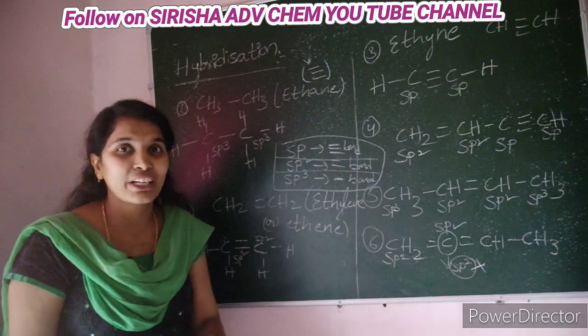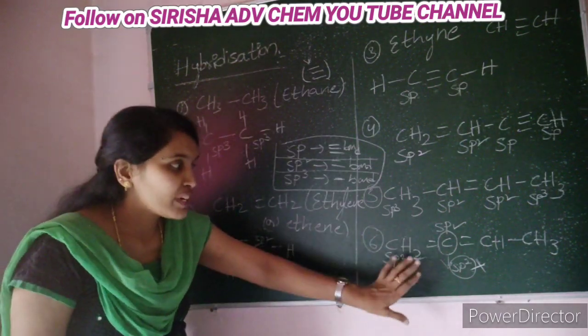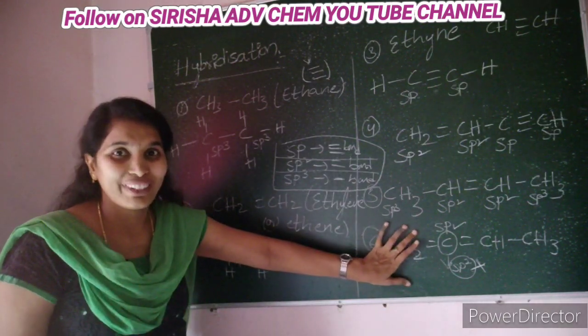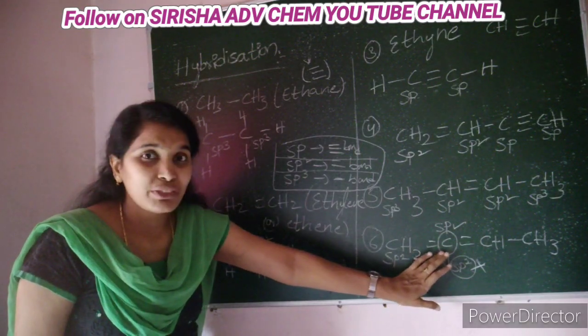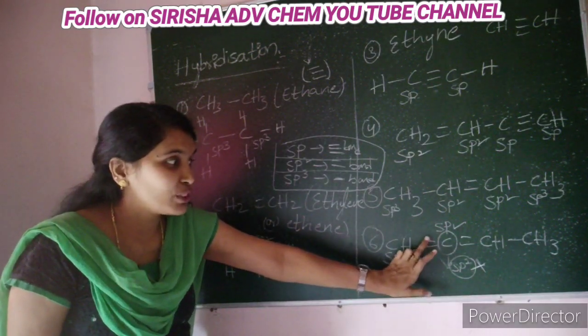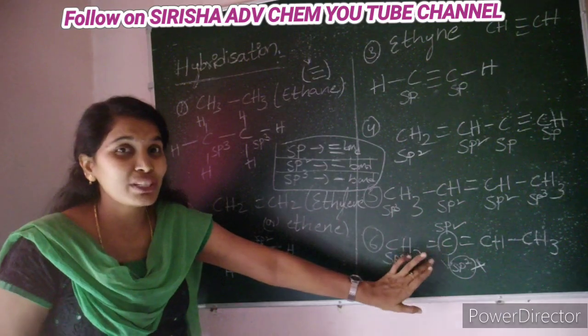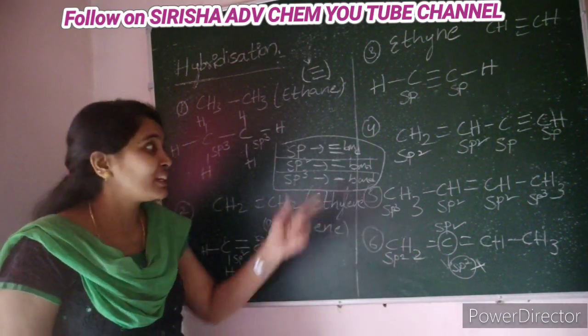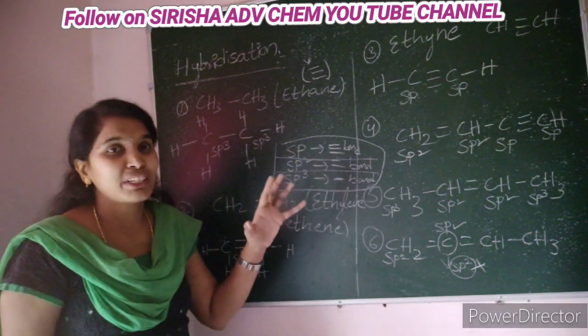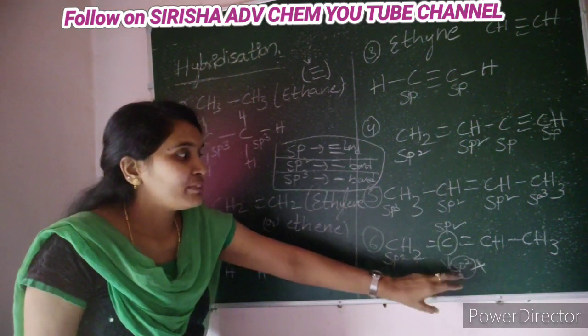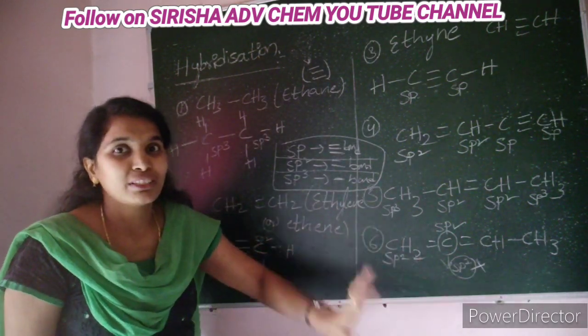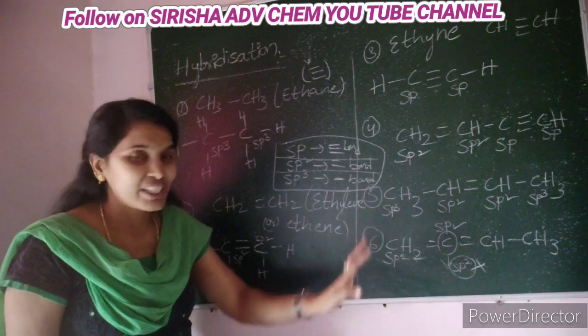Okay now children, once again let me explain. The first carbon, we have it very clear. The second carbon, if you take here, what is happening? Both sides double bonds are there. Double bonds are there means sp2 hybridization, and if we conclude and write sp2 hybridization, that is a mistake, which is wrong.